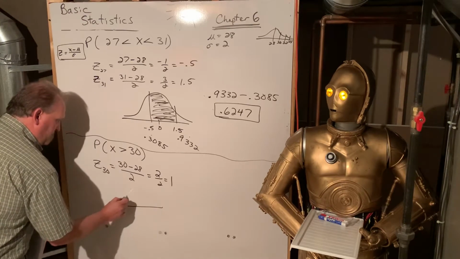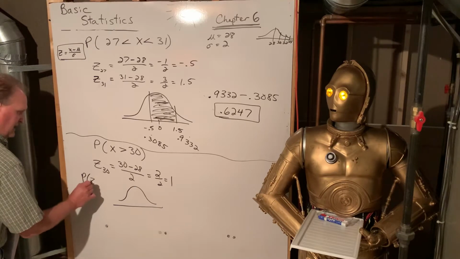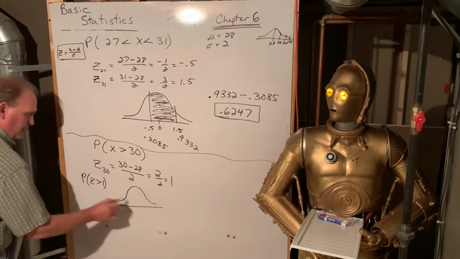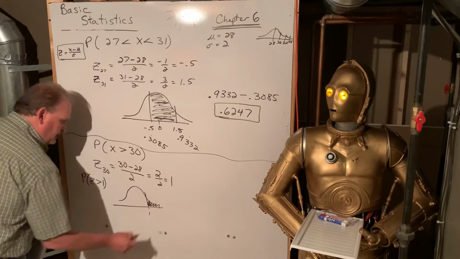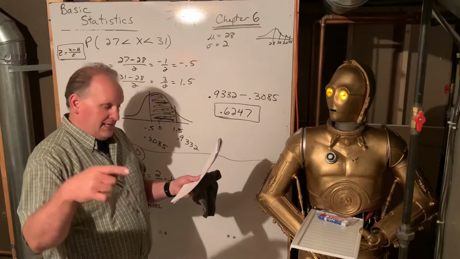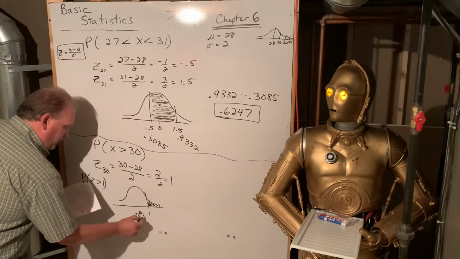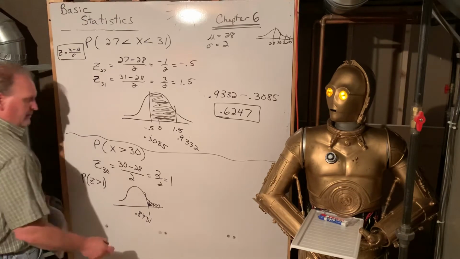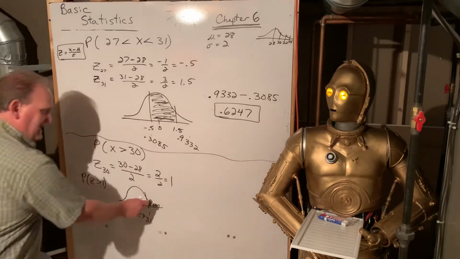Draw yourself a pretty picture. We want the probability that Z is greater than 1. Here's 1, and we want this part of it. When I look up 1 standard deviation above the mean on my chart, I get 0.8431. But look at that picture. No way, that's 84%. We want that little tiny piece right there.